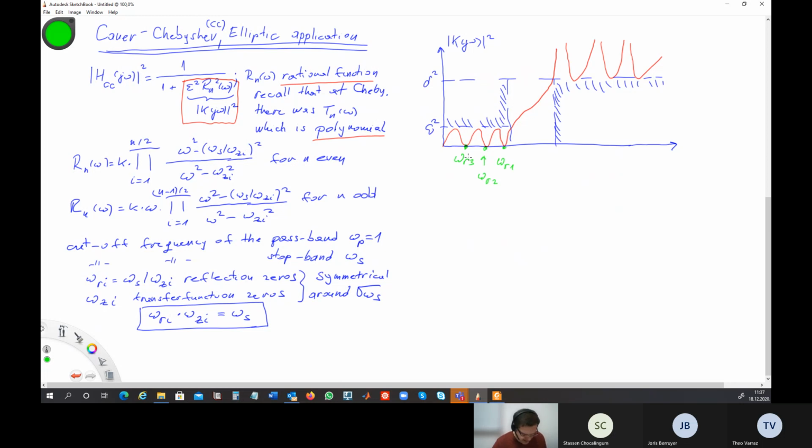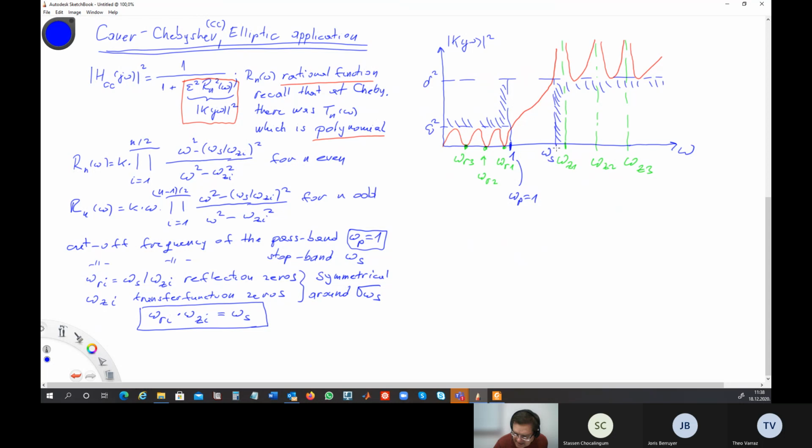And then we will call these here omega z1, omega z2, and omega z3. Here was unity gain, unity frequency. This is omega p, which is normalized, and it is equal to 1.